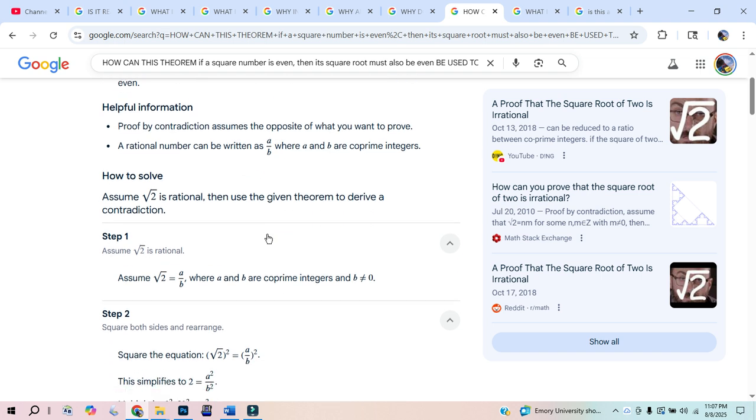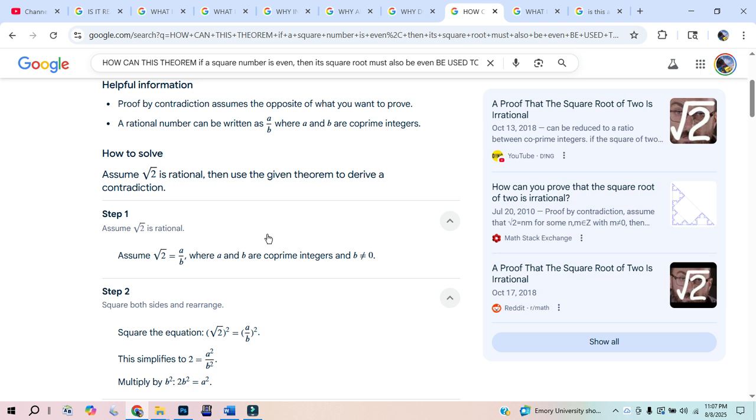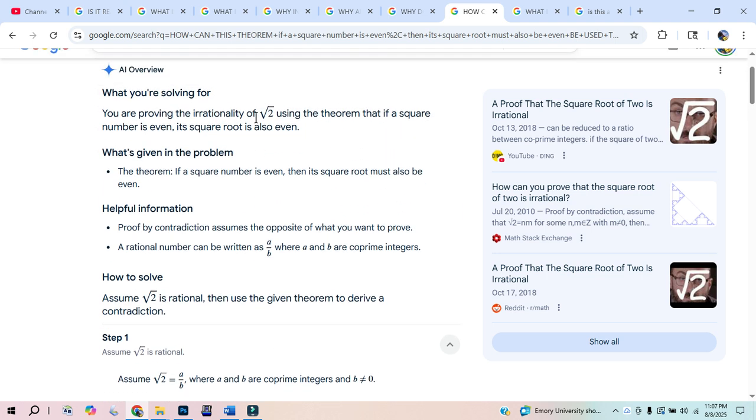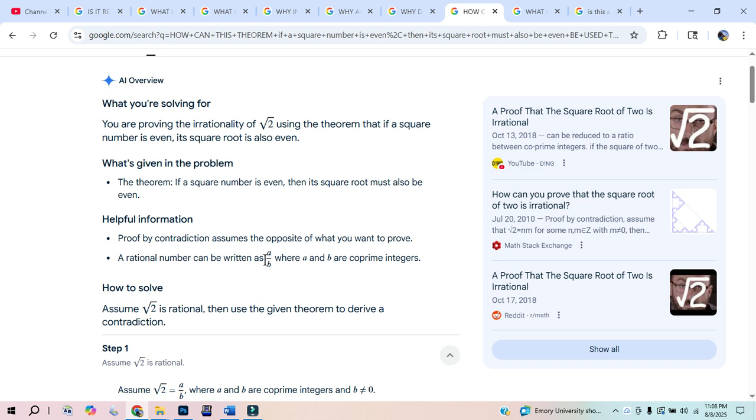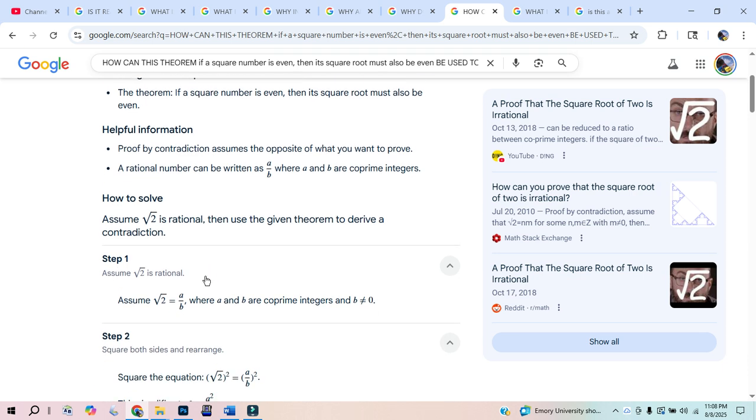I've never done this one, so it's fascinating to see where it goes. I had one assumption that the 2 was going to be a divided by b, but that's not it. So it's good to be on your toes, to be able to quickly discard things that you mentally thought but are not what they're going for.